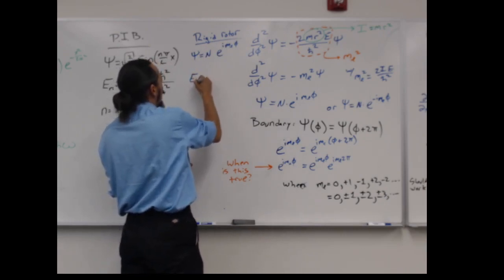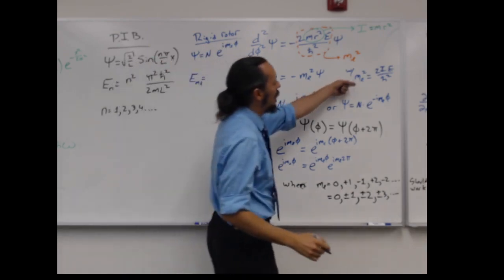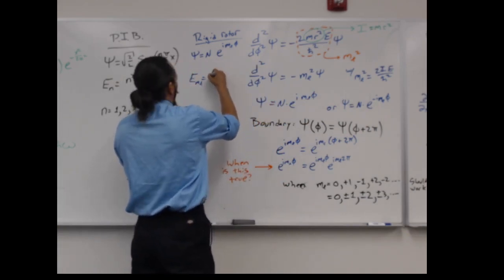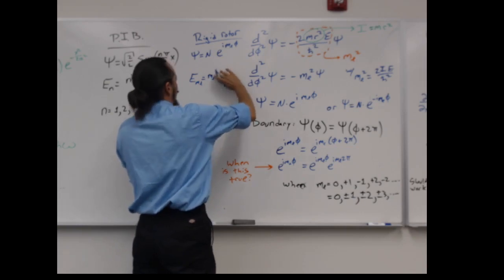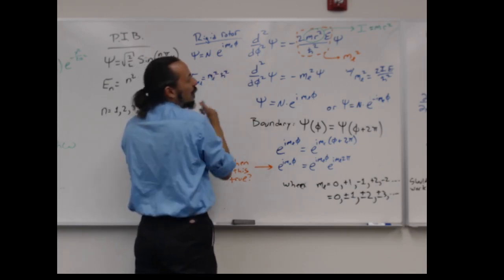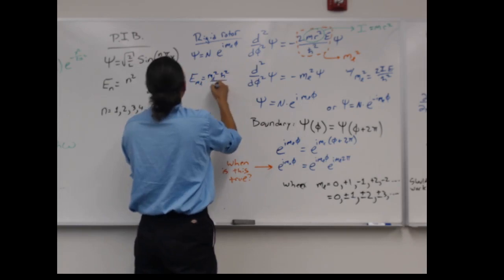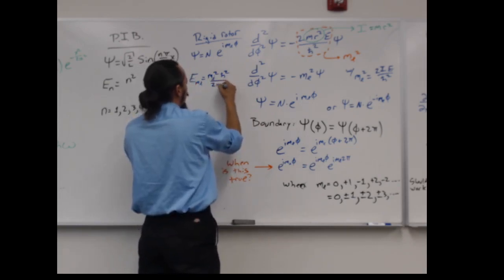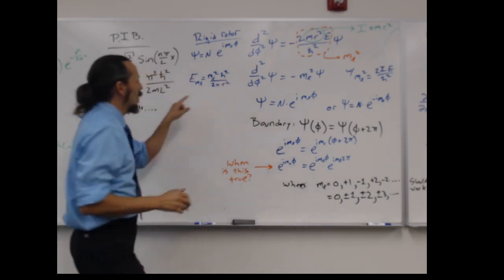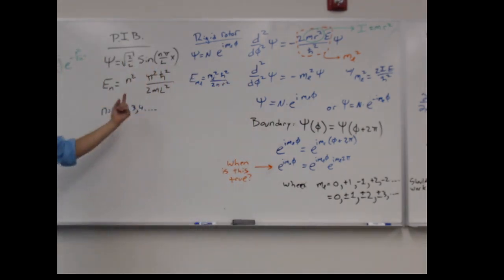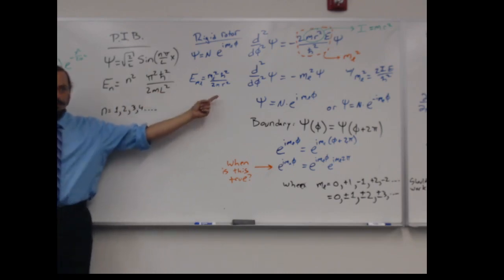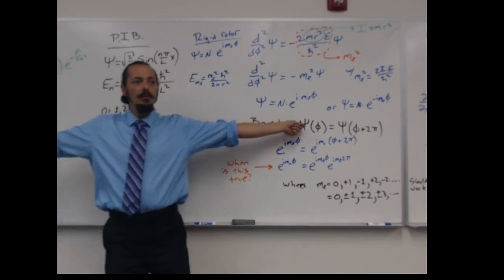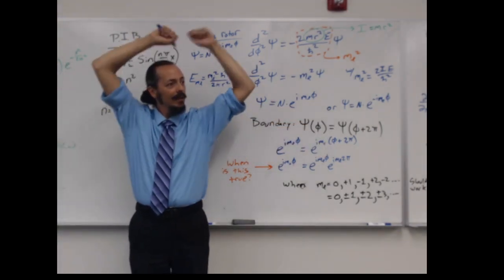Our energy for that m sub L value, I can just rearrange this, is going to be m sub L squared h bar squared over 2 times mass times radius squared. Look at how similar that is. Makes sense that these two things look similar. Box, ring, box, ring. Question?